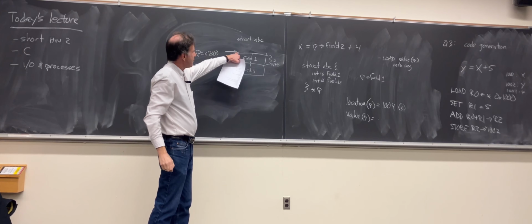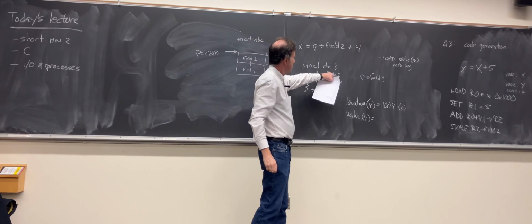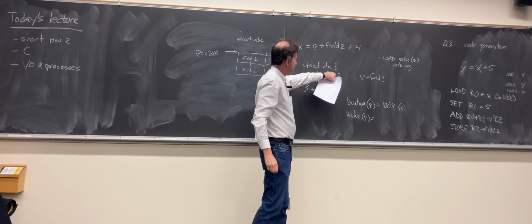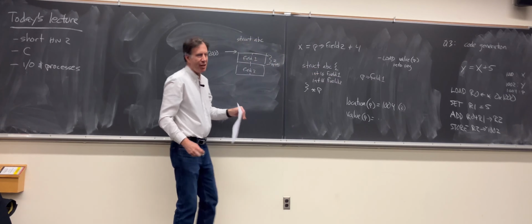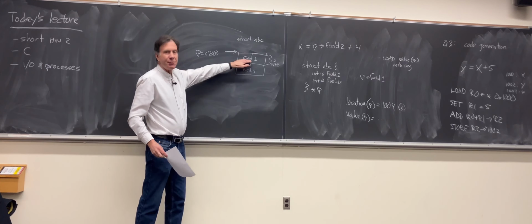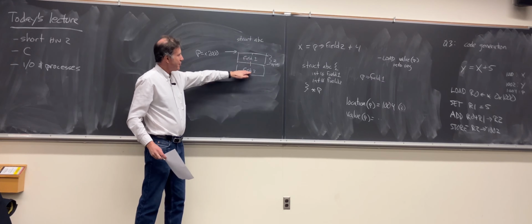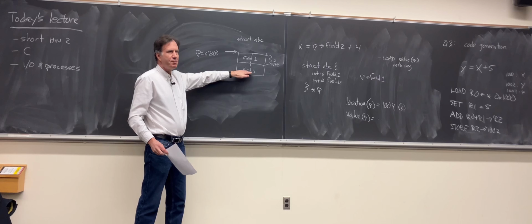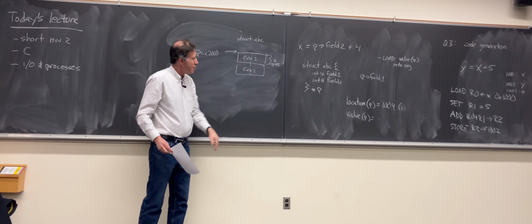This is the contents of a structure of type struct ABC. It's just a chunk of memory, and the first field in it is field 1, and the second field is field 2, and each of these is a 2-byte field.